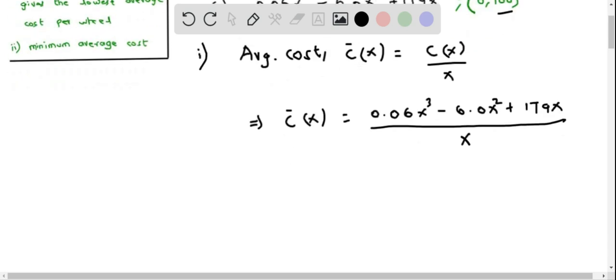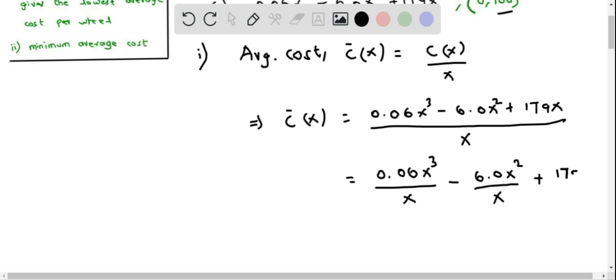Let's simplify this. This can be written as 0.06x cubed over x, minus the second term, 6.0x squared over x, plus the last term, 179x over x. Now you can see that we can simplify these powers of x.